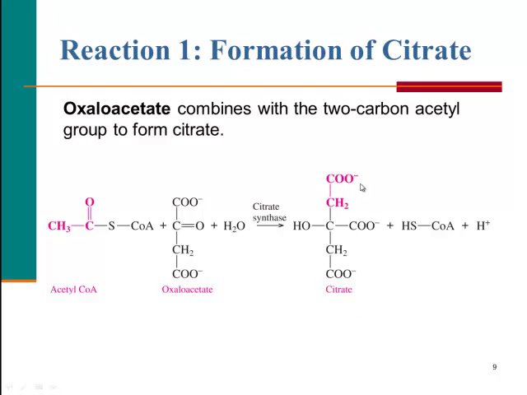Now this molecule has now 3 carboxyl groups. And remember that 2 of these carboxyl groups are going to come off in the form of carbon dioxide molecules. So the first reaction is taking a 4-carbon molecule and a 2-carbon molecule and making our 6-carbon molecule.